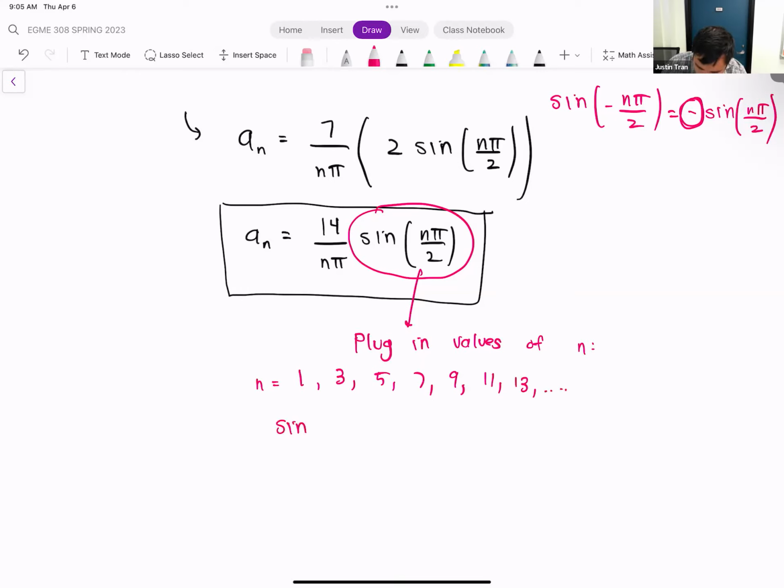So let's look at sine of n pi over 2. That's sine of pi over 2, sine of 3 pi over 2, sine of 5 pi over 2, dot, dot, dot. So this continues on forever.